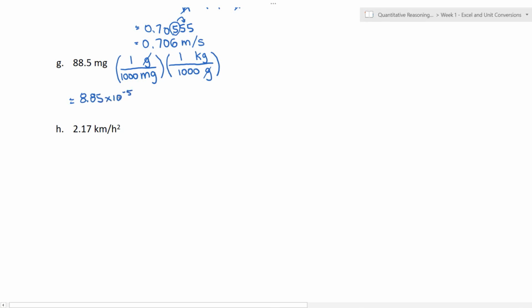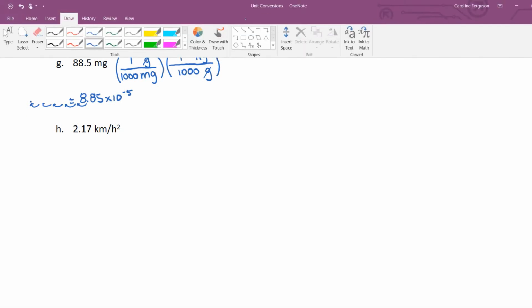Now what does that times 10 to the negative 5 mean? Just that the decimal place needs to get moved over to the left 5 times. Once it moves over 5 times, 1, 2, 3, 4, 5, that decimal place is now here. And everything else is a bunch of zeros in front of it.